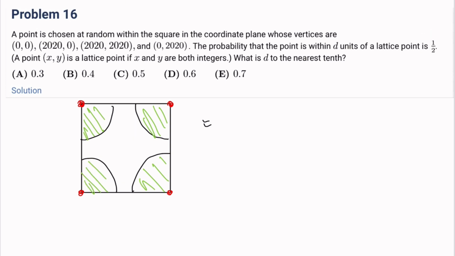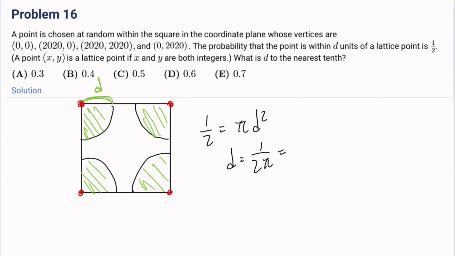So the area of the circle is just 1/2, and this much is d. And so we can say that 1/2 equals pi d squared. So d squared equals 1/2 times 1 over pi, so this is 1 over 2 pi.